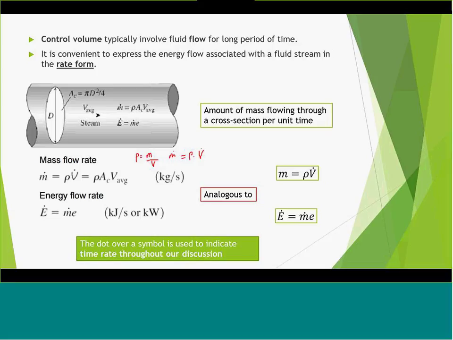So the dot, throughout our discussion, not only for this chapter but for coming chapters until we finish this topic on thermodynamics, is the symbol used to indicate the time rate. So for the amount flowing through this control volume, we have two: the mass flow rate, and the energy flow rate.